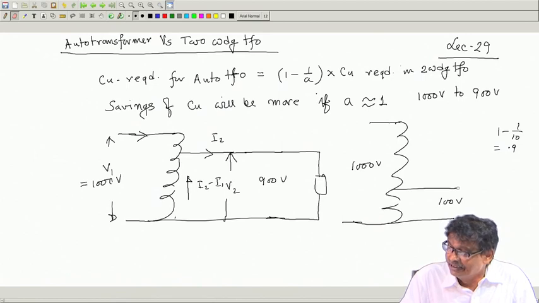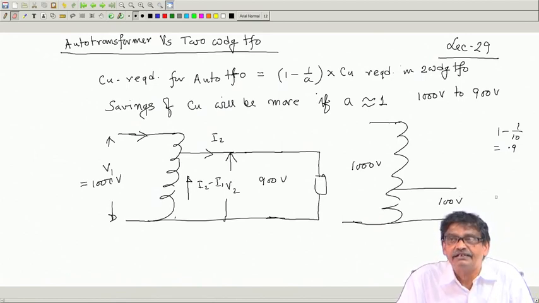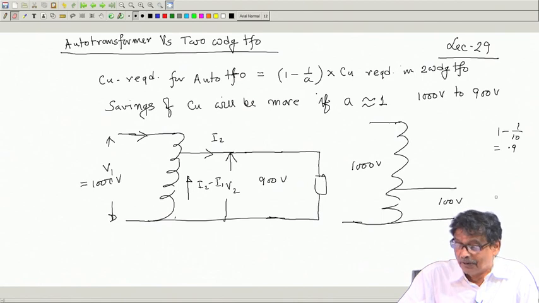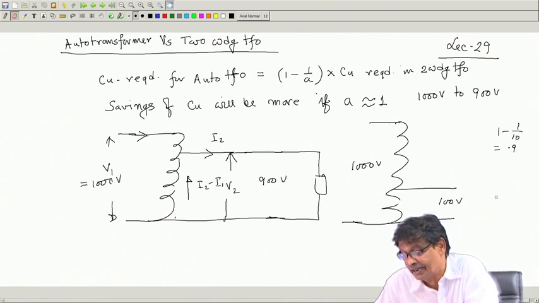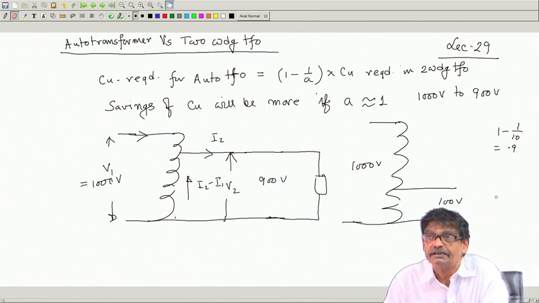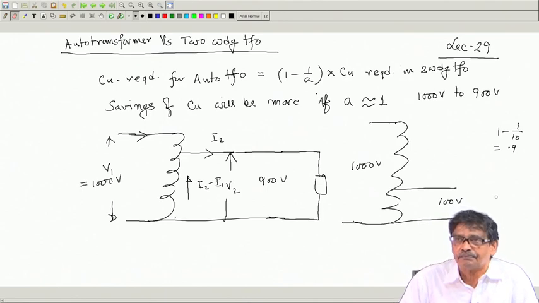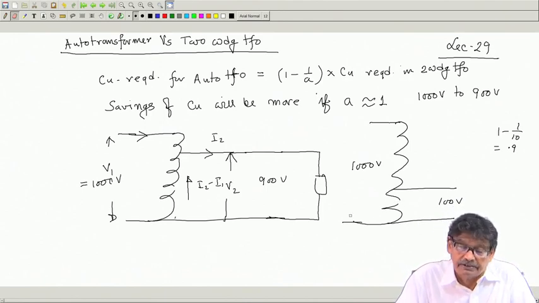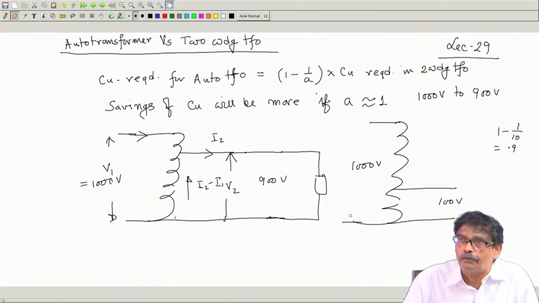But nonetheless, the load on this side will feel that rise in voltage, or the personnel working on this side might get a shock if an open circuit takes place here and no isolation is provided by the auto transformer. I think you have understood this point.